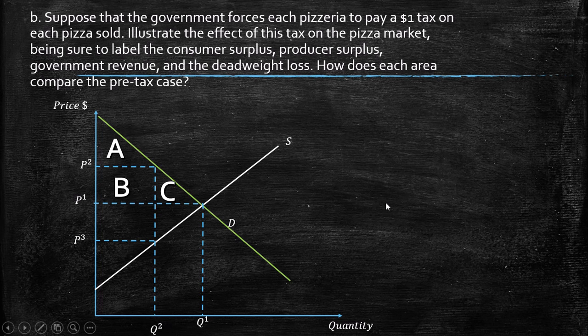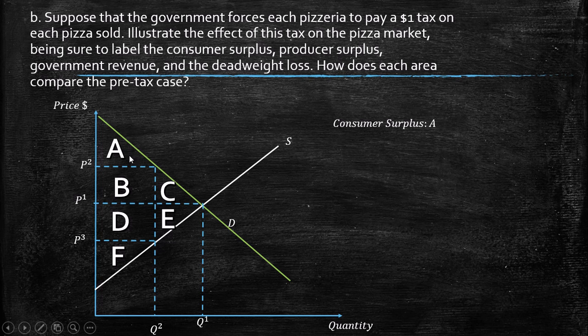Here I just divided everything into segments by these dotted lines, so we have from A to F. First, the consumer surplus after the tax is going to be just A, because as I said before, there are consumers who are willing to pay even more than P2 in this part, but because of the tax they have to pay P2.